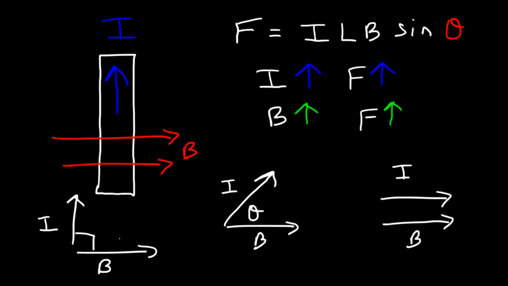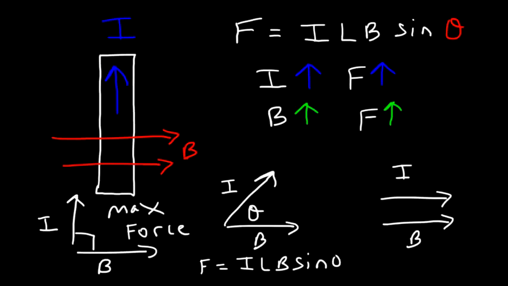And 1 basically represents 100%. So the maximum force occurs when the current and the magnetic field are perpendicular to each other. Now, when it's at an angle, it's going to be anywhere from 0 to 100% of its maximum value.